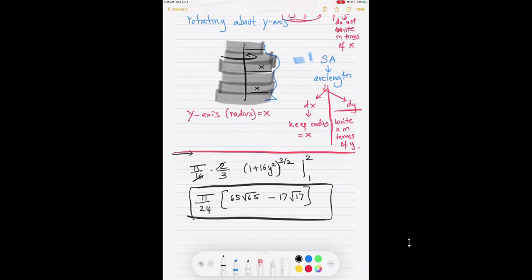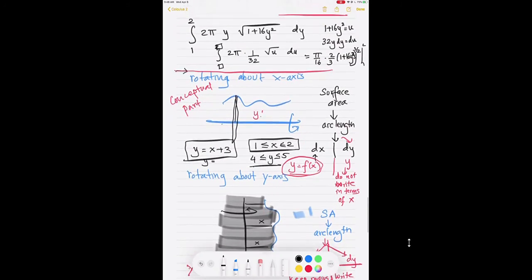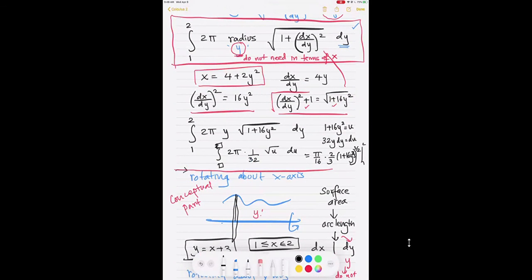Okay, so Joshua, what happened to the radius y? It is still very much there, but we used the u sub. So pay attention to this one. And then y dy, yeah, y gets cancelled out. You could say it that way, but for me, y dy is du over 32. So this is du over 32. Okay.